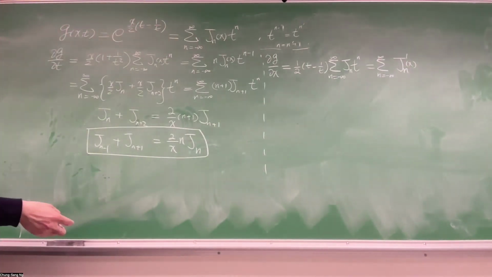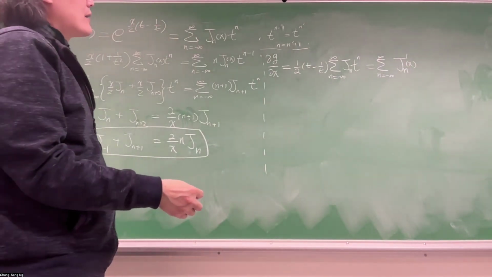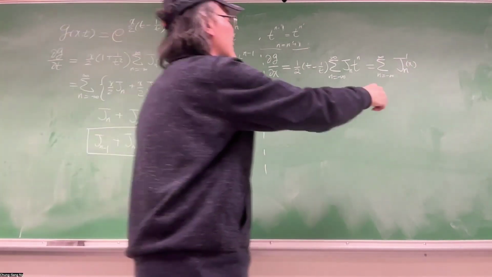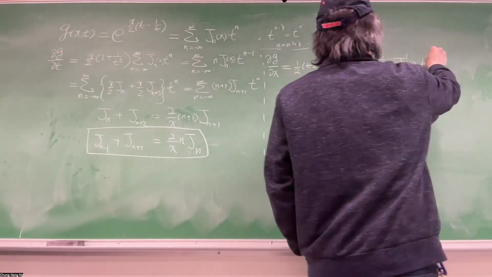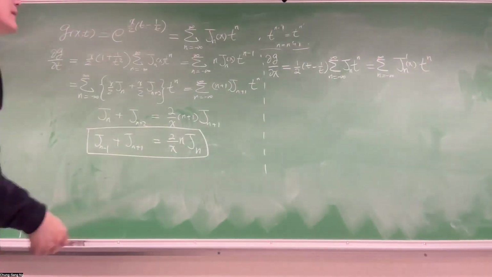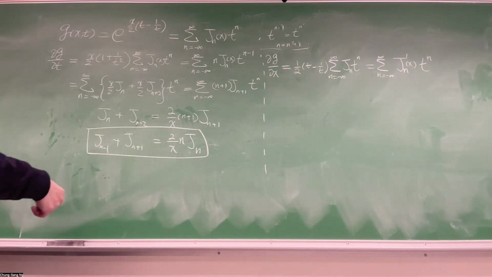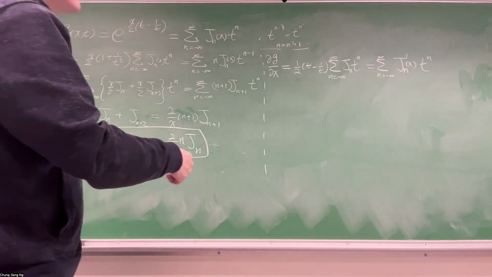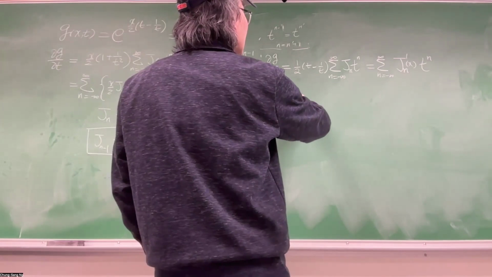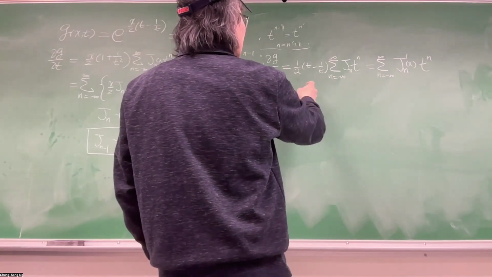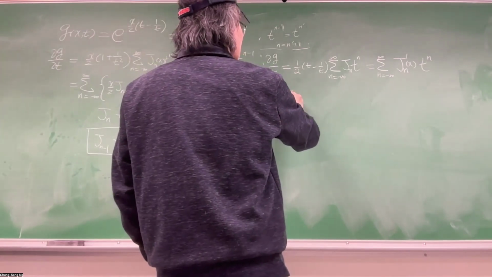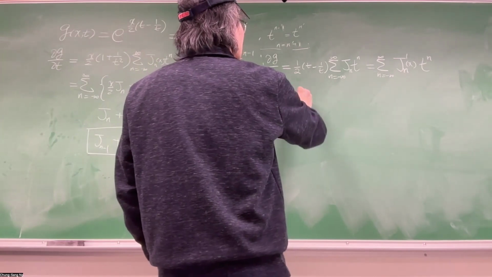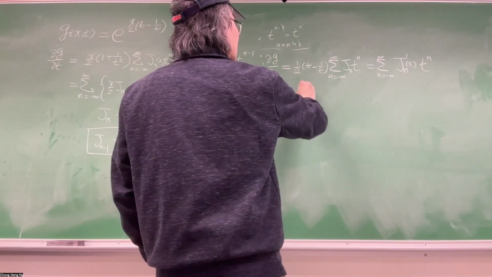J n prime means dJ sub n dx, right? Okay, so that is straightforward. And now all we need to do is do the same trick as we did, for each term.